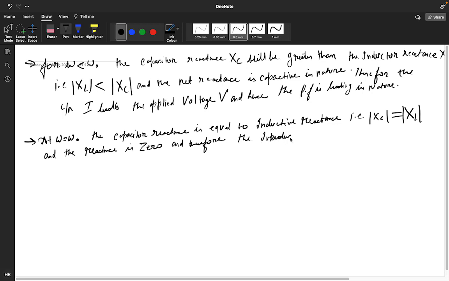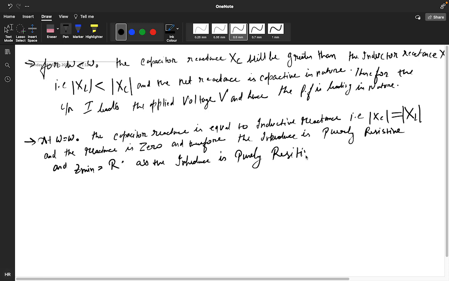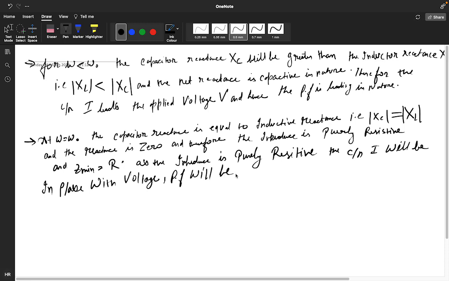Therefore impedance is purely resistive, and Z minimum is equal to R. As the impedance is purely resistive, the current will be in phase with voltage, and you will get a power factor of 1, or unity.